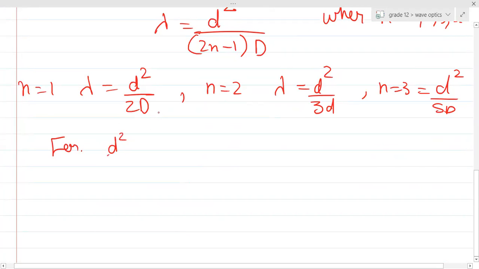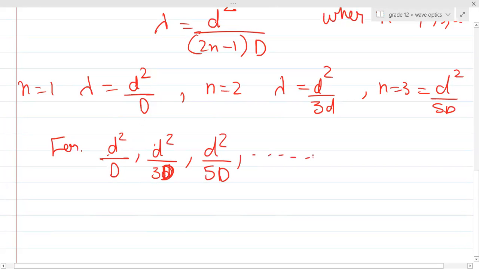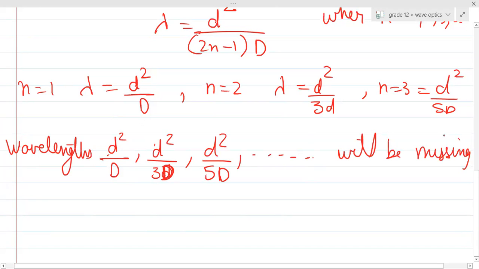Sorry, this will not be 2D, this will be D only. So d square by D, d square by 3D, d square by 5D, and so on, these wavelengths will be missing.